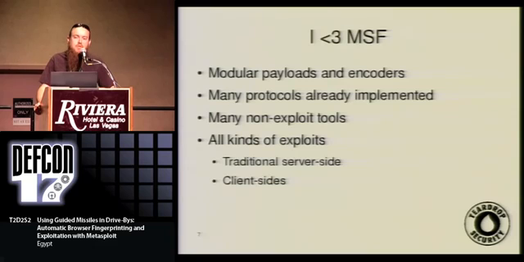There's also stuff for finding vulnerabilities and for taking crash POCs to a real exploit using some of the pattern offset things, and there's a few other tools that are there to make writing exploits a lot easier. And Metasploit supports the traditional server-side exploits and also client-sides, which is what we're going to be talking about today.